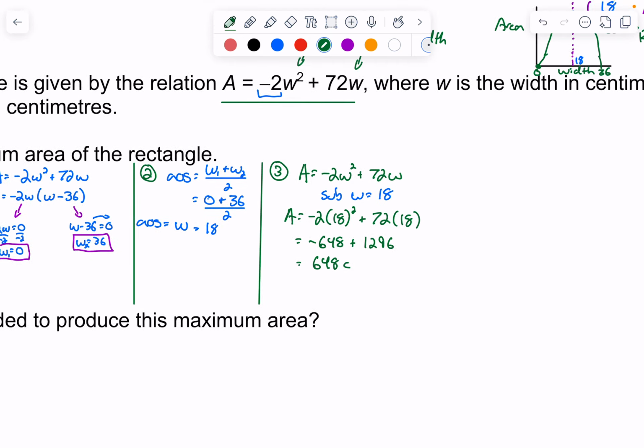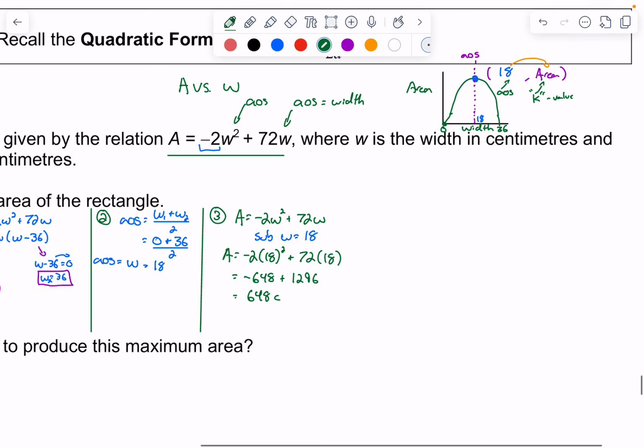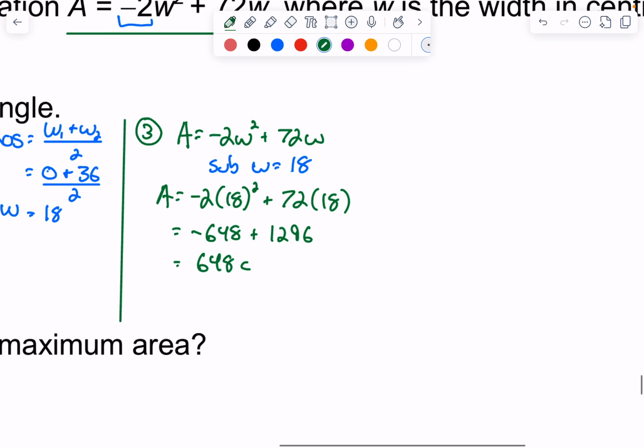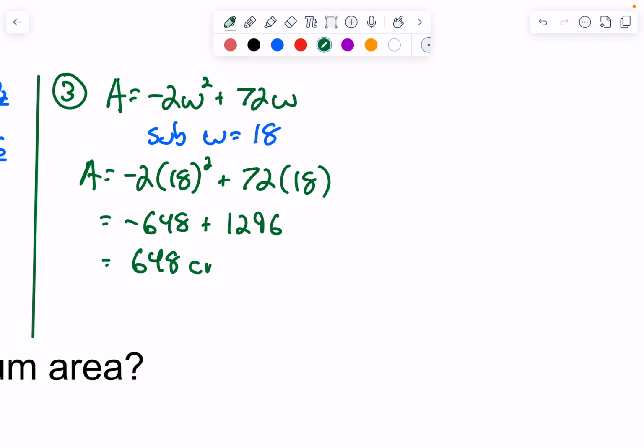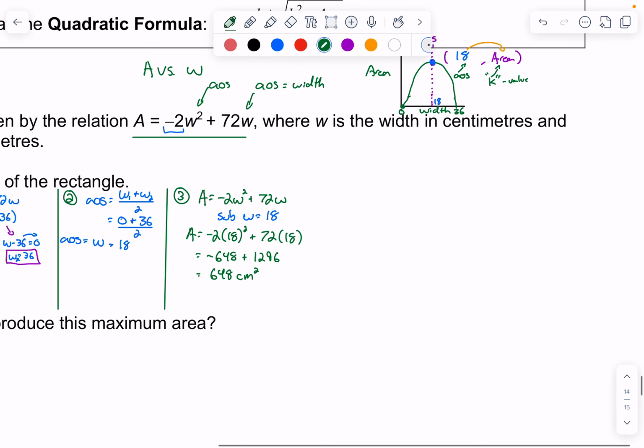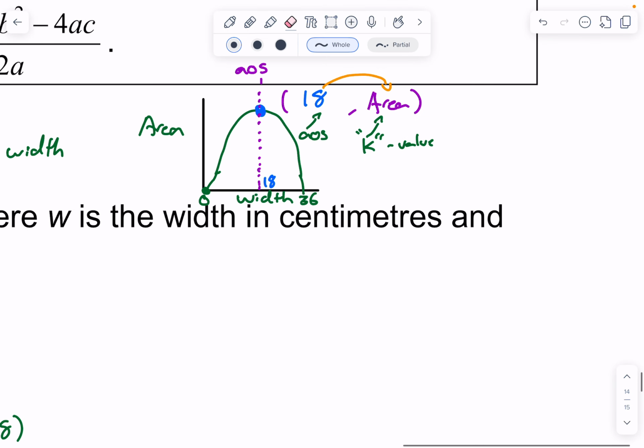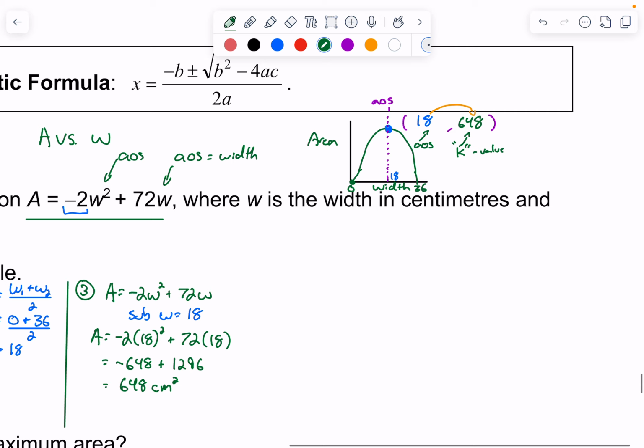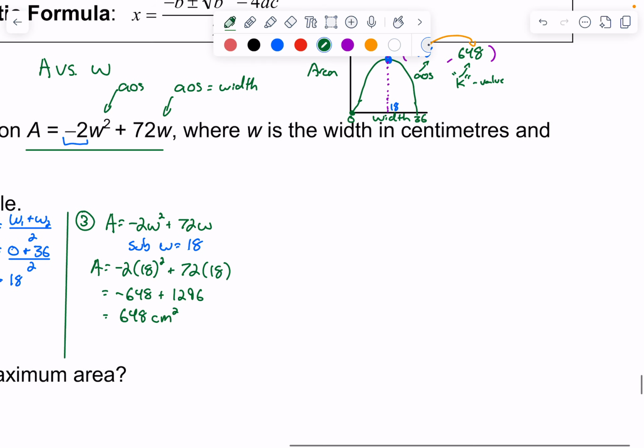And our units, I believe, are centimeters. Centimeters and centimeters squared, yeah. So 648 centimeters squared. That is the vertex. That is the area right here. That means this right here is 648. So at a coordinate of 18 on the width, you get 648 on the area.